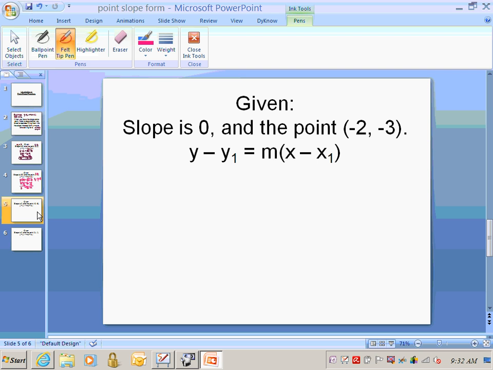Okay, third problem. Copy it. Okay, let's think about something. If slope is 0, is this going to be a horizontal or a vertical line? Is it going to be a function or not a function? No. It's not a function?